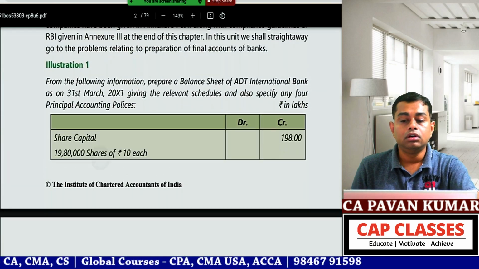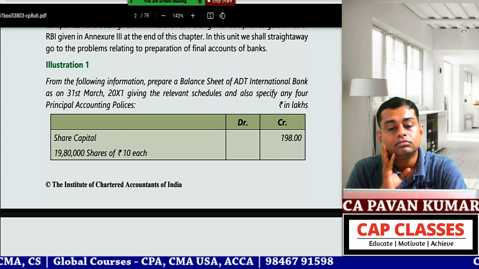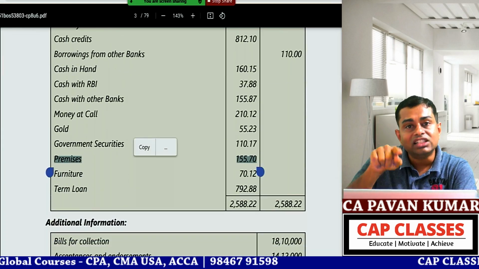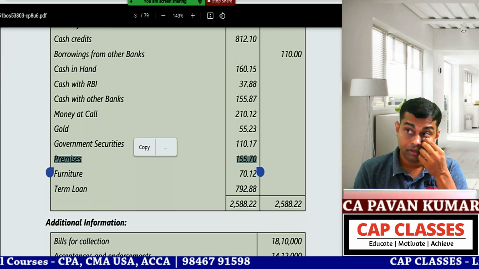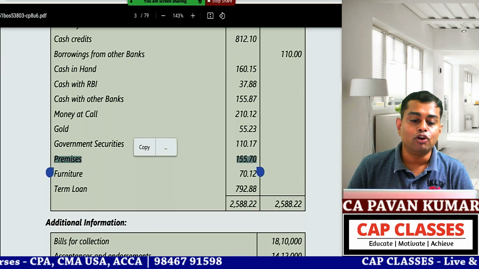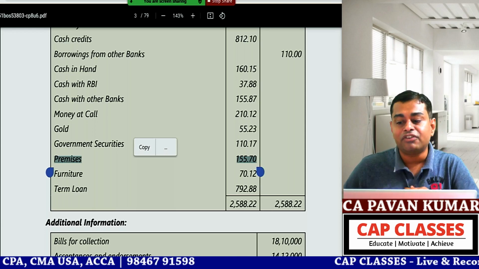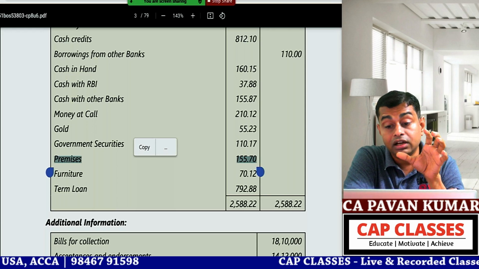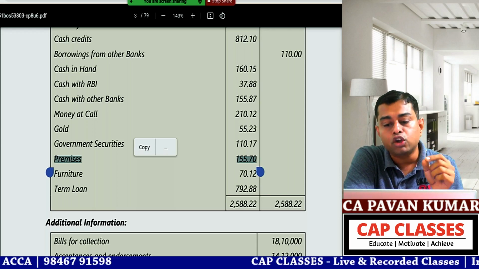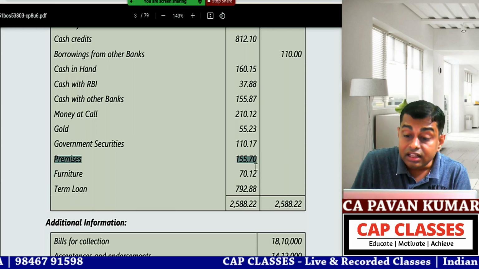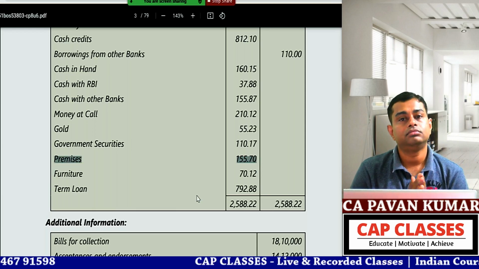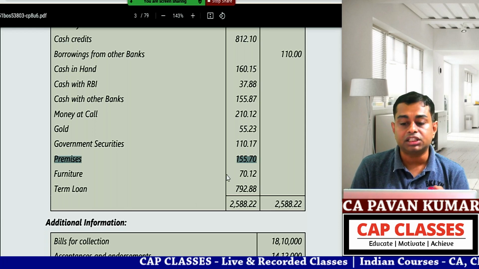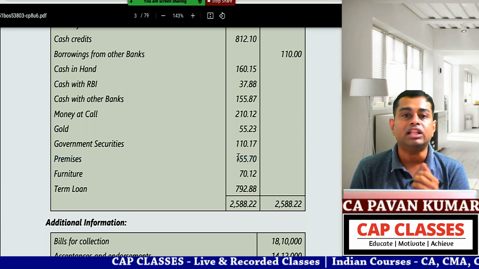In the trial balance they have put the closing number, which means it is already after depreciation. How do you know? Because accumulated depreciation or provision for depreciation is not given. If provision for depreciation or accumulated depreciation is given in the problem, then this is gross block. If you are not able to see it, this 155.7 is the net block. Otherwise your balance sheet will not tally.